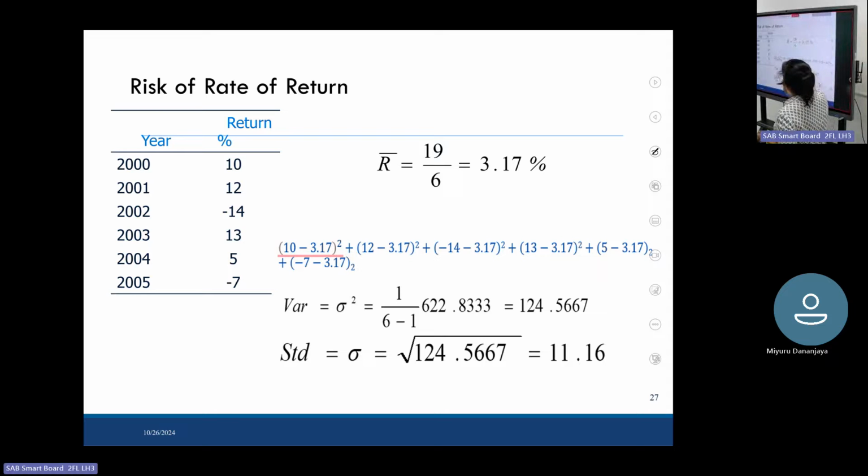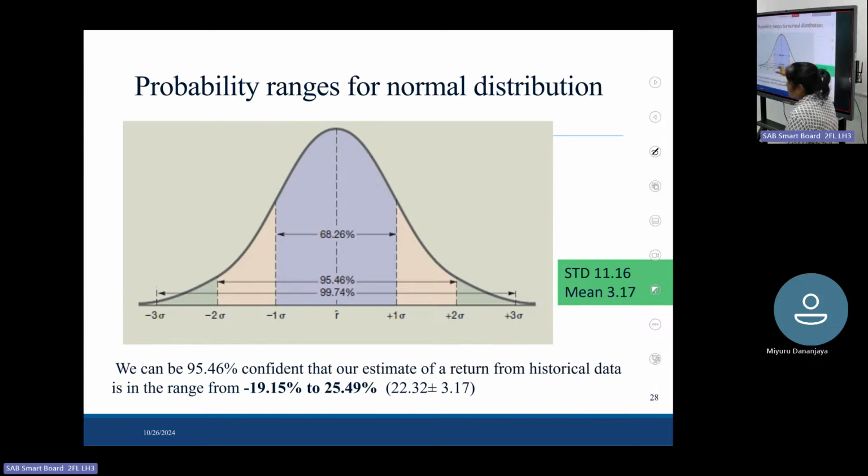Now, in this case, this is a different example. This is the average. You don't need to calculate based on this numerator. This is the average. This is the standard deviation. From the data you can calculate. So if you put this into this normal distribution, you can tell in statistical terms.